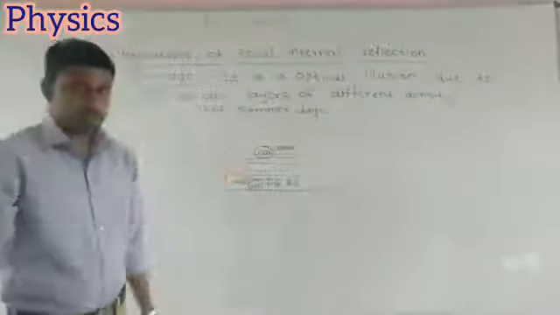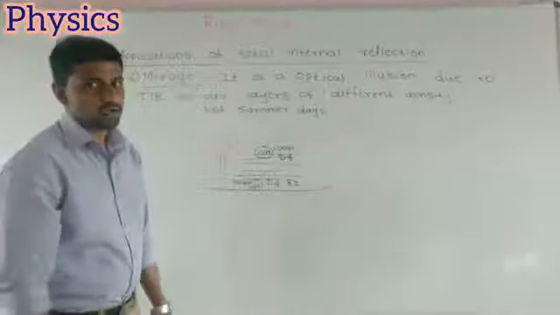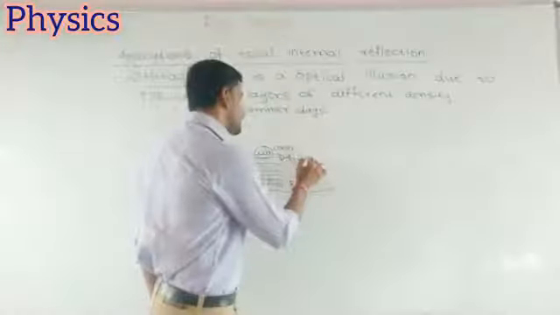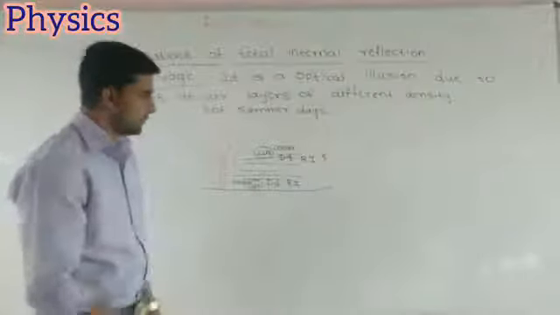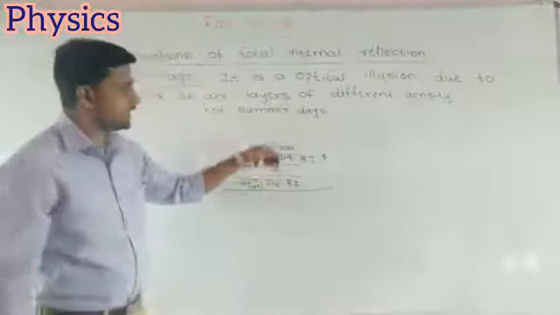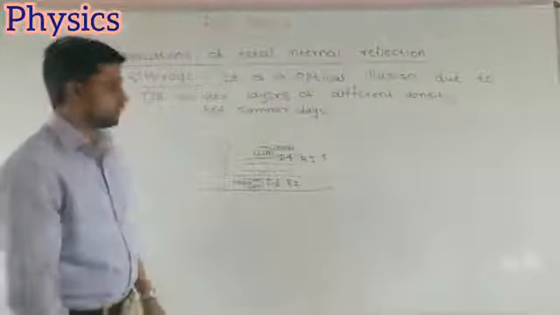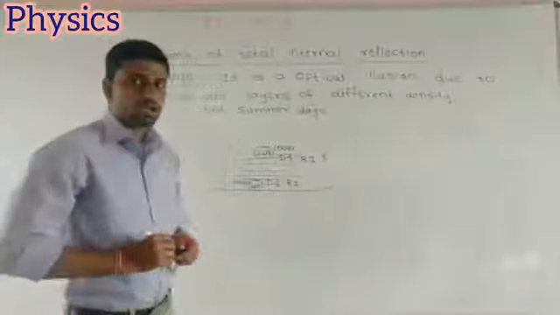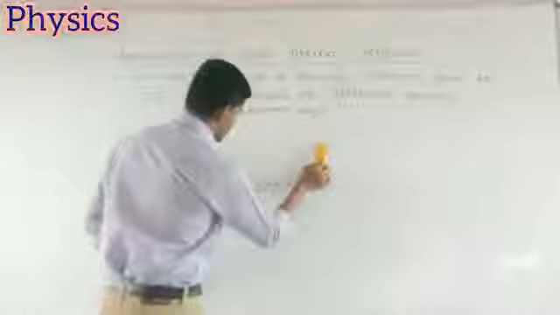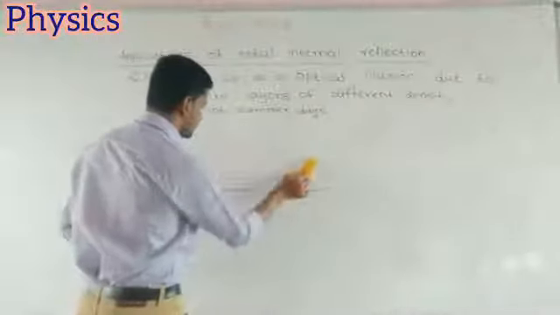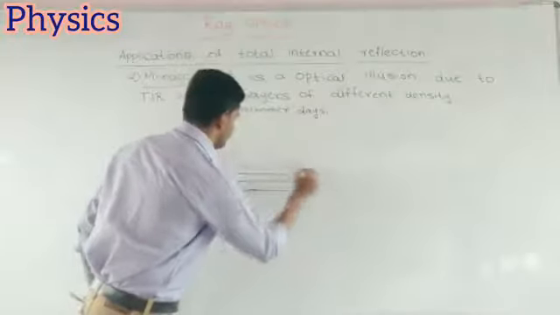That means the density of the air layer above the ground is more, and the refractive index value is also more. That's why the air layer above the ground behaves as a denser medium. Now we'll see how total internal reflection takes place. See here, there are different layers of air.